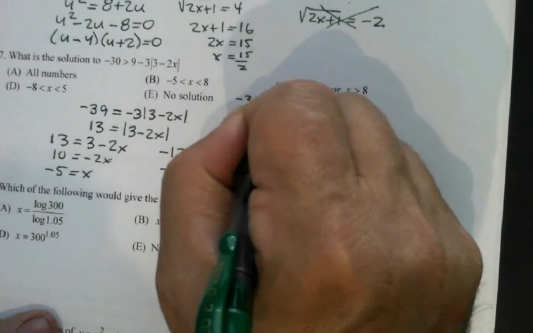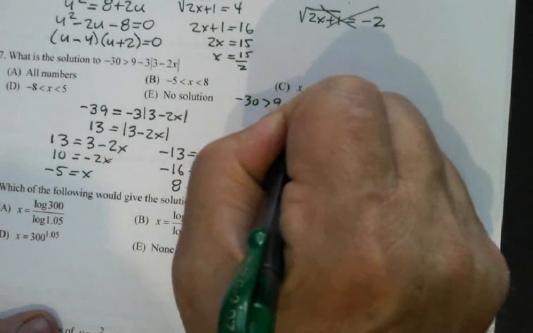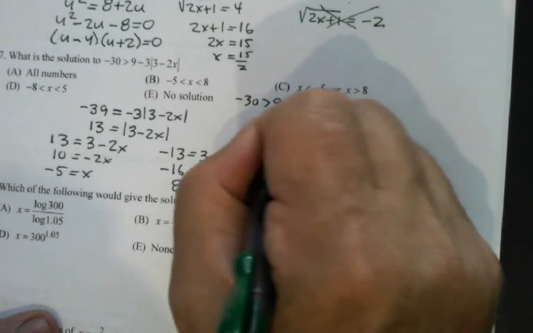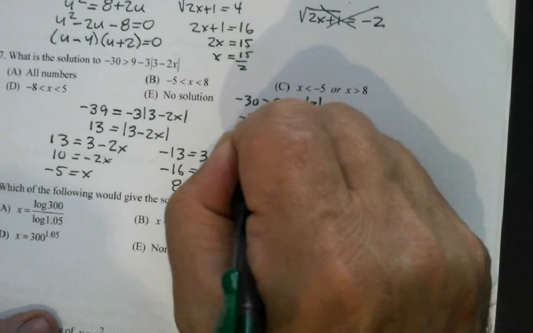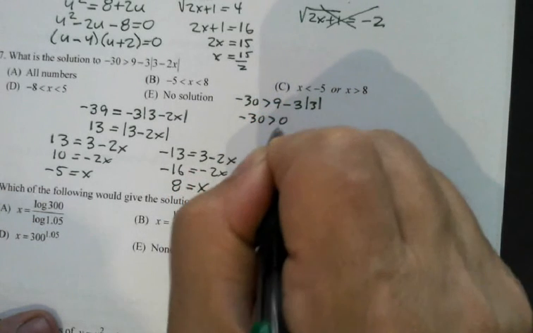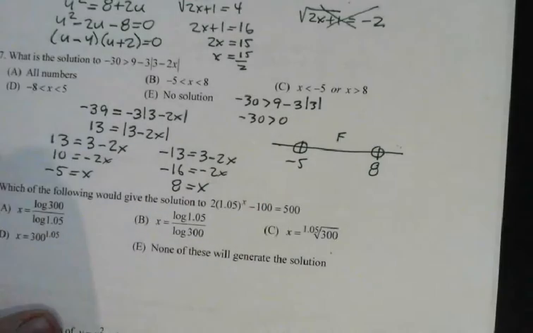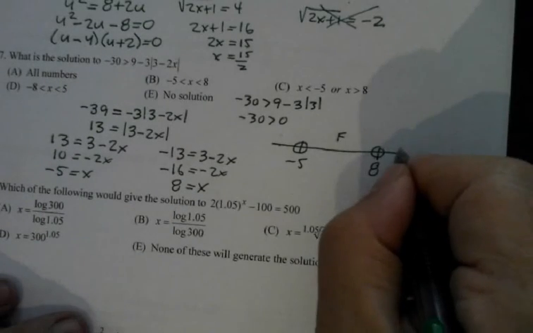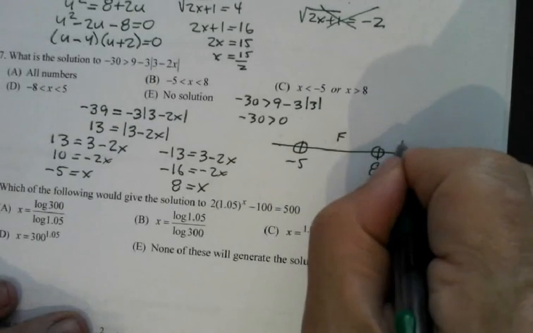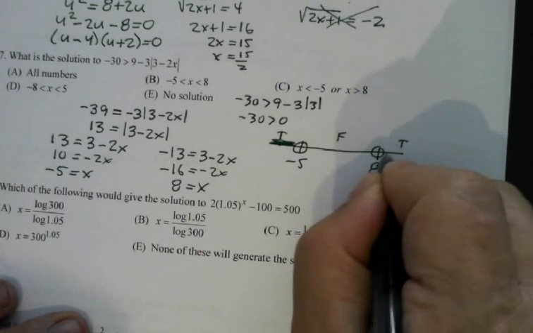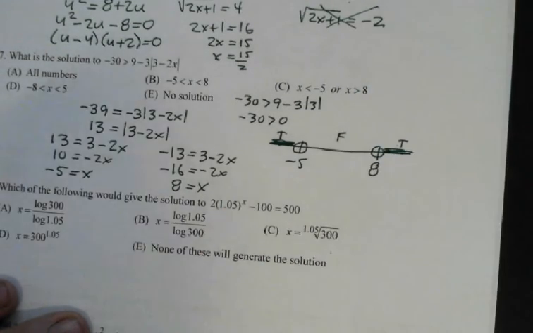Negative 30 greater than 9 minus 3 times 3 minus 0, this is 3. So I get 9 minus 9. I get negative 30 greater than 0. That is false. So this area right here is false. Now I could plug in 9, I could plug in negative 6. I am going to see that these are true. So I get x is less than negative 5 or x is greater than 8.